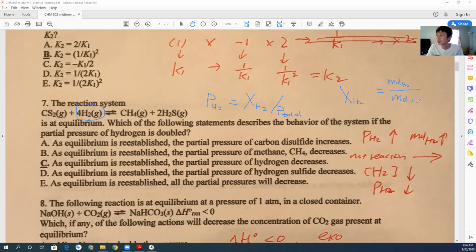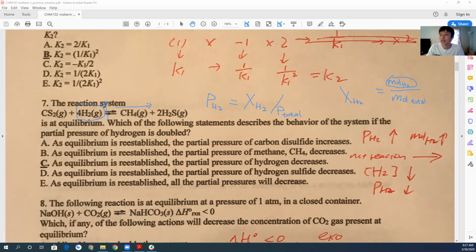So when the partial pressure of hydrogen doubles, the number of moles of hydrogen is doubled. So the concentration of hydrogen gas doubled, or increased. When we increase the concentration of a reactant, the equilibrium will shift to the right.